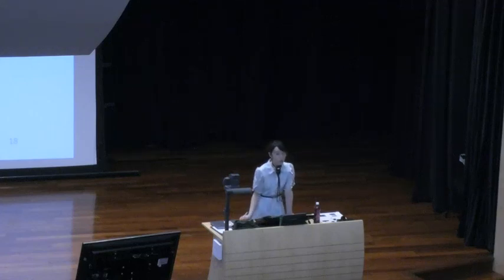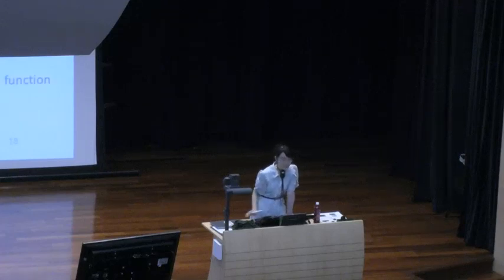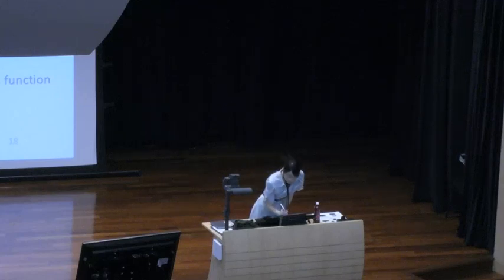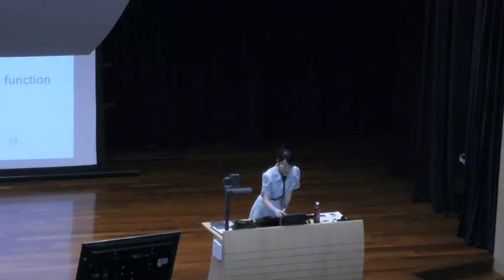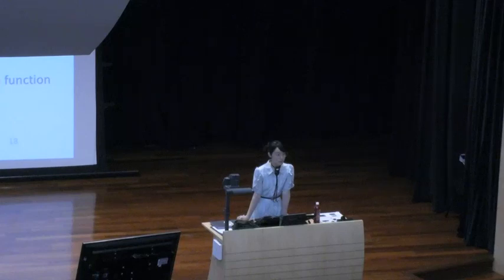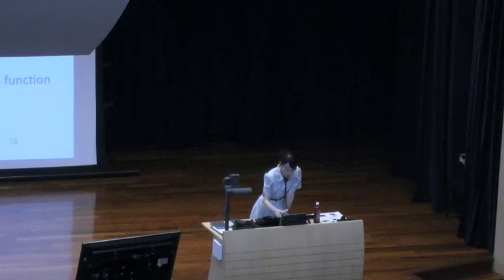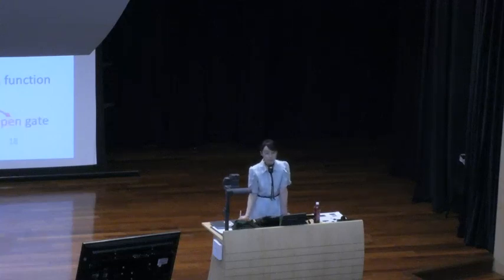For this control signal Z_i, we apply a nonlinear activation function, and the one we use here is the sigmoid activation function. As we all know, the value range generated by the sigmoid activation function is between 0 and 1. Okay? So this value can help us mimic closing or opening the gate.